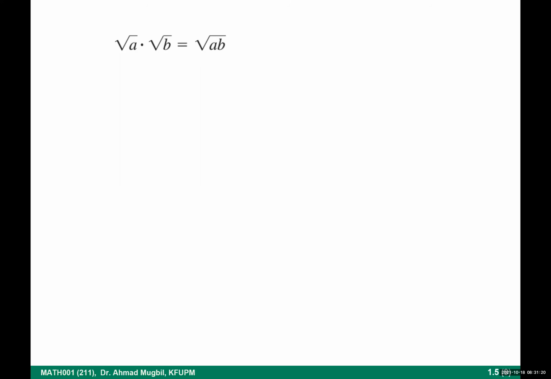We have studied this in P2 and in P4. But we said something there: if a and b are non-negative, let's say positive or 0. So this is true only if a is positive and b is positive, because this will be, of course, defined in the real number system.